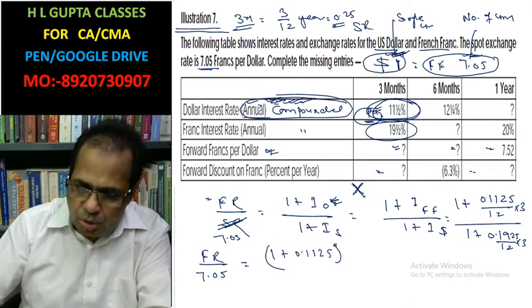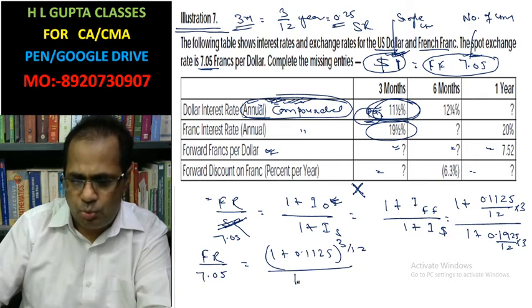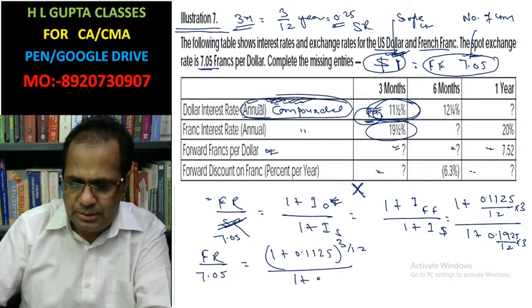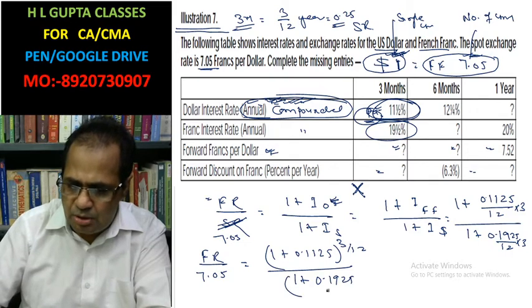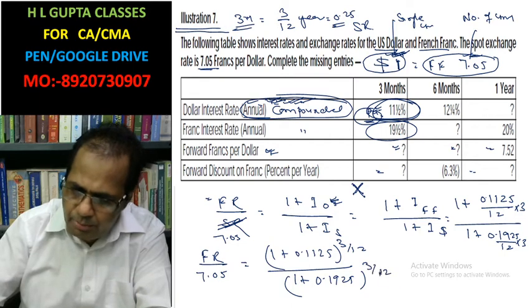But because of 3 months you have to change it to 12. 1 plus 0.1925, this is for annual, already annual interest. This is 3 months, 3 by 12, per annum.